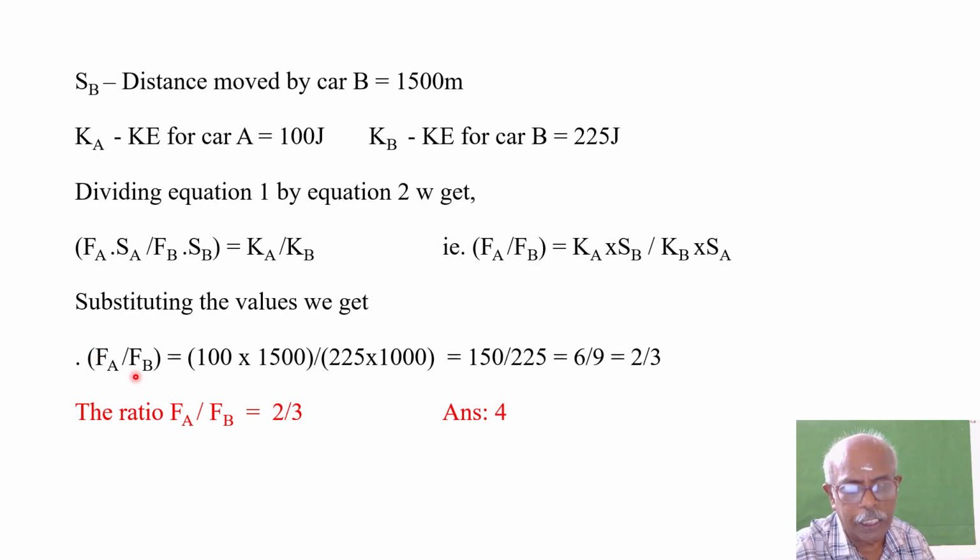Fa by Fb is equal to, what is the kinetic energy of A? 100 joules. What is Sb? 1500. Divided by, what is Kb, the kinetic energy of car B? 225. What is Sa, the distance moved by car A? 1000, as given in the previous slide. So the zeros cancel, one 0 and one 0 cancel.